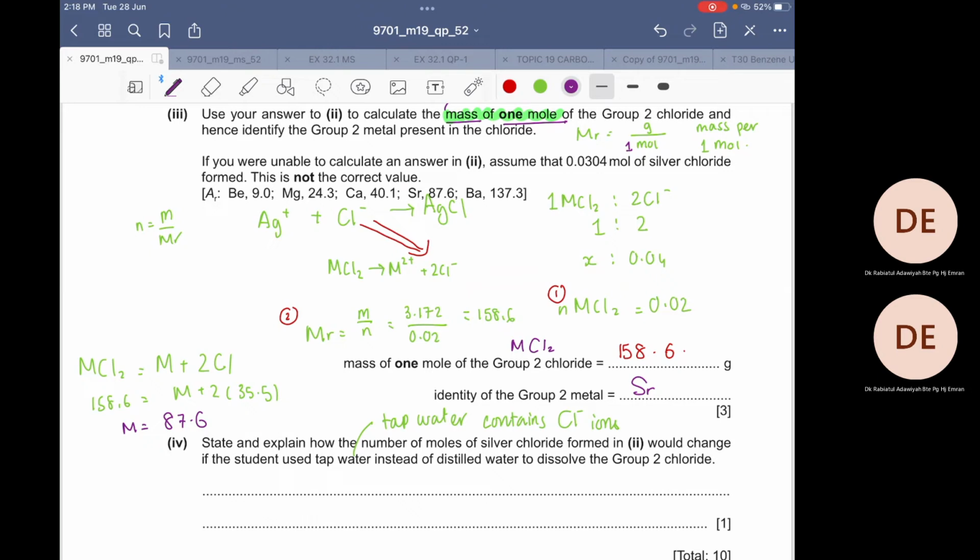Just not sure in the tap water that we have in Brunei what other ions we have, but this is typical tap water. Okay, so the effect this would have is that the chloride ions from the tap water will add on to the chloride ion in the silver chloride solution.